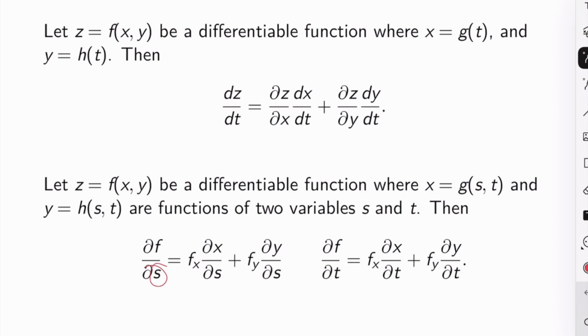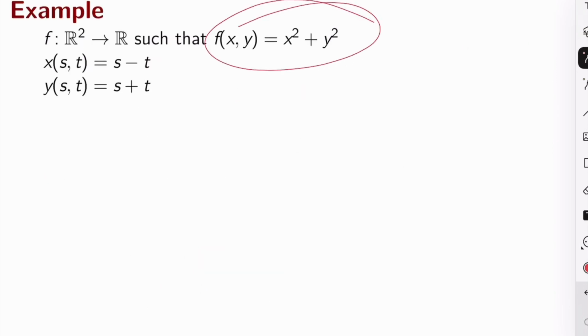Okay, so for instance, on this function here, depending on two variables, and each of the variables depends on two variables too, in this case the variables s and t. So we know that in the formula, what we need are all the partials of the intermediate variables. So let's calculate these partials first. So we have here that the partial of x with respect to s is going to be just the derivative with respect to s here, which is just 1, right?